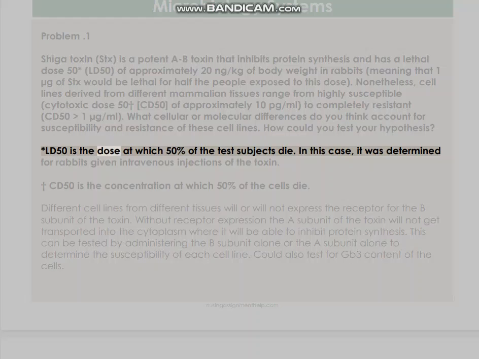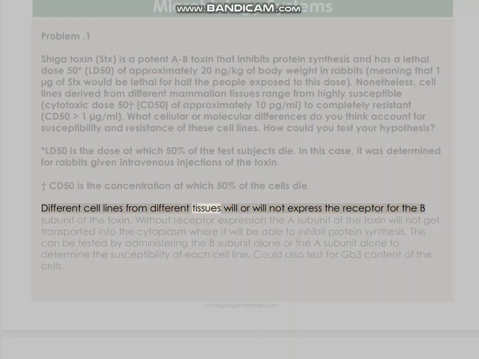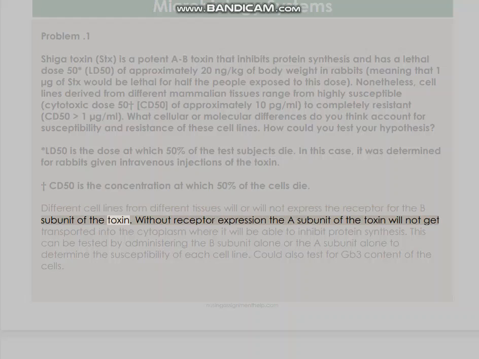LD50 is the dose at which 50% of the test subjects die. In this case, it was determined for rabbits given intravenous injections of the toxin. CD50 is the concentration at which 50% of the cells die. Different cell lines from different tissues will or will not express the receptor for the B subunit of the toxin.